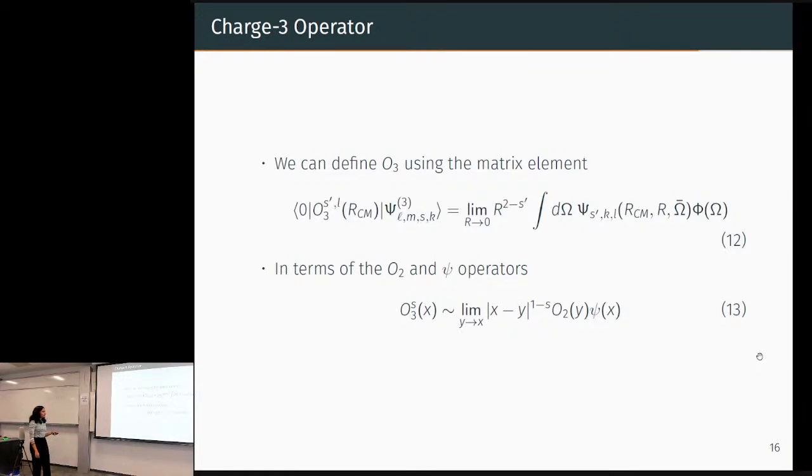But an easier way to see the rough form of a 3-body operator is to look at the L equals 0 case, the S-wave charge 3 operator, which has this simple form in terms of the charge 2 and the free fermion operator. As you can see, it depends on this value S that one gets from solving the fermions at unitarity problem.